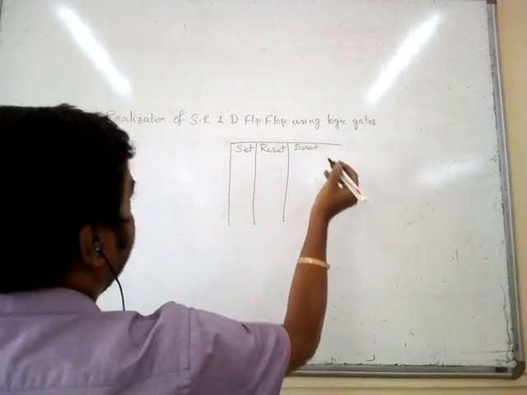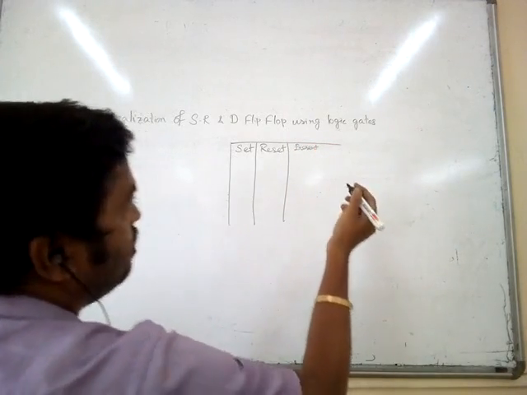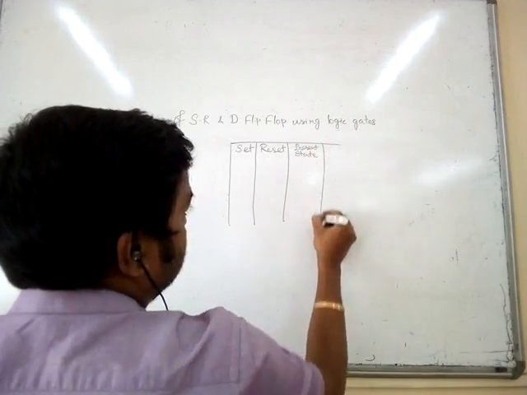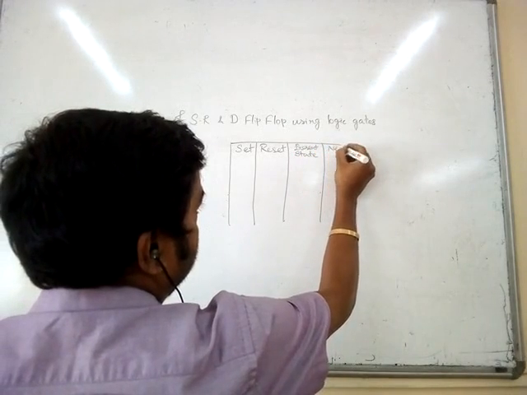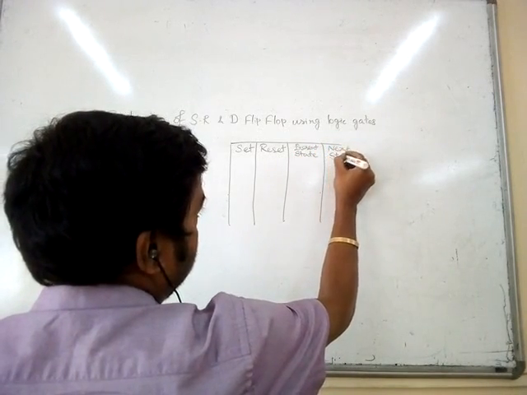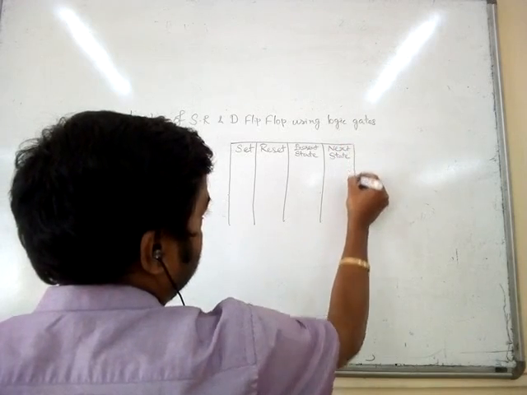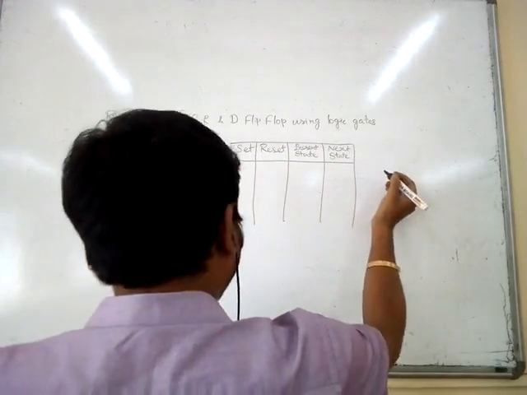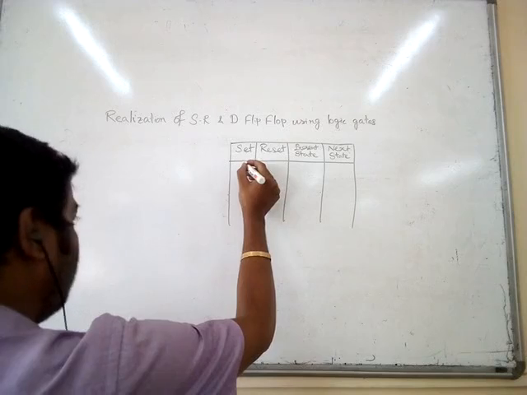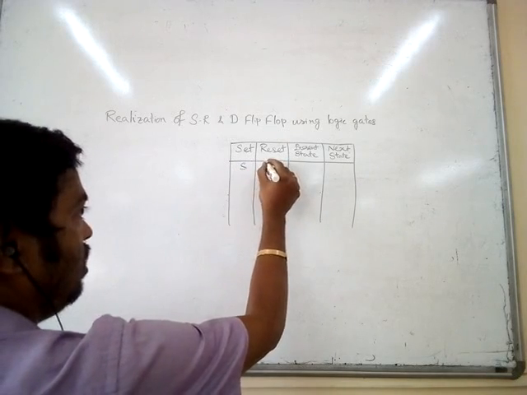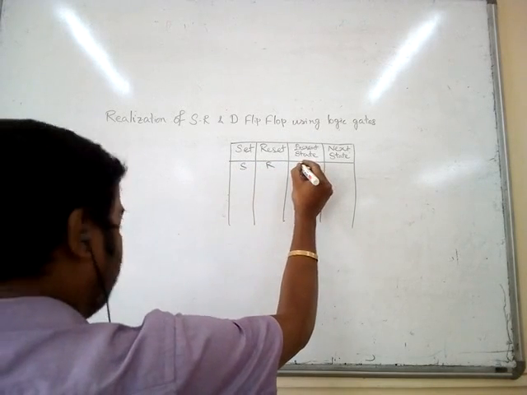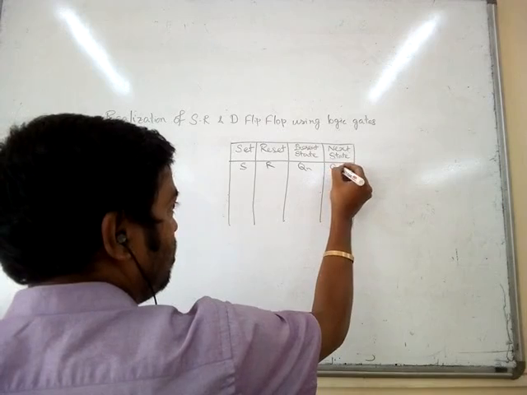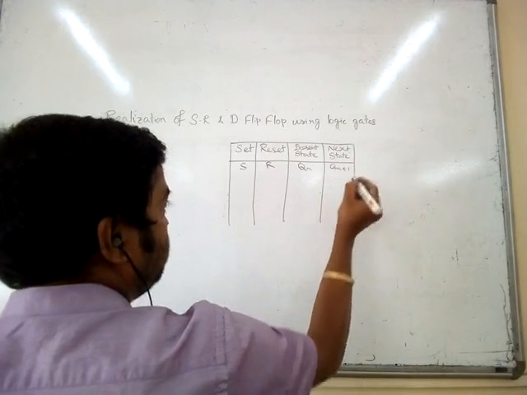You know, as the flip-flop there is memory code and next state. Set we represent as S, reset R, present state suppose it is Qn and next state Qn plus 1.